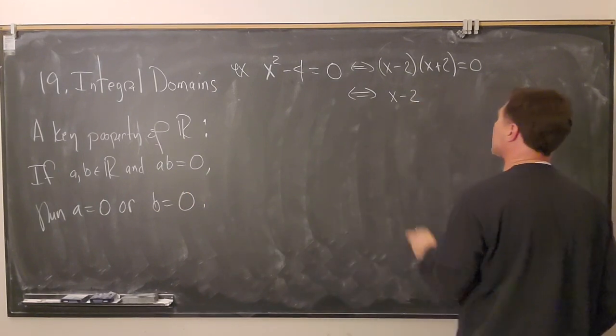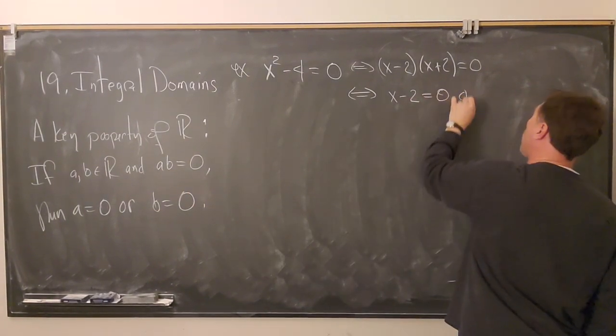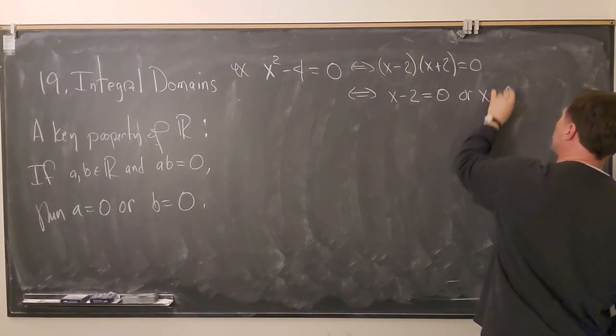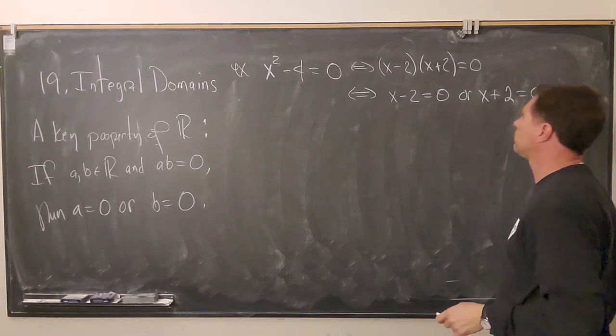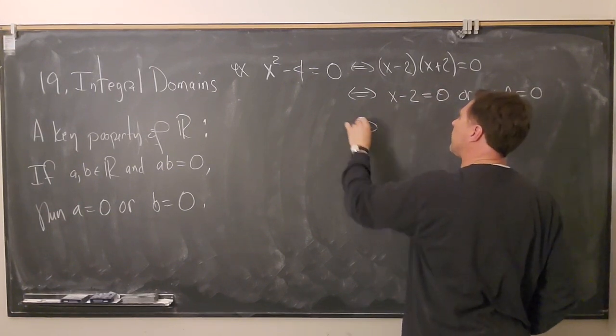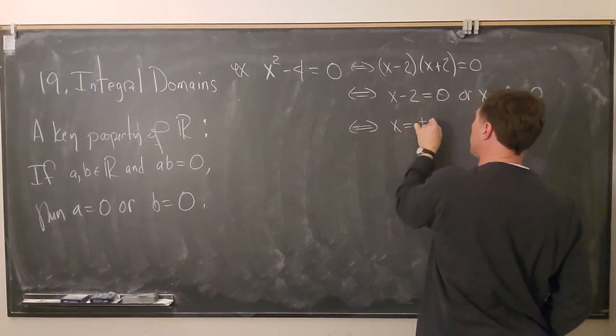And so that means that x minus 2 equals 0 or x plus 2 equals 0. All right, that's using this key property. And then this would be if and only if x is equal to plus or minus 2.